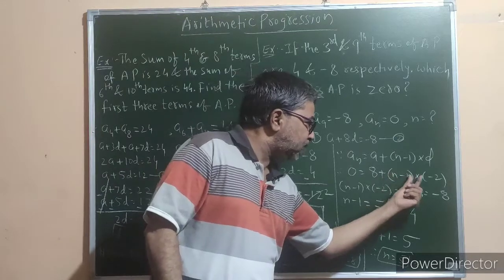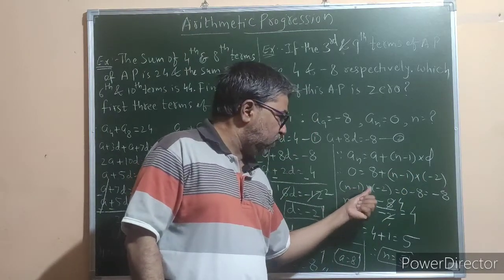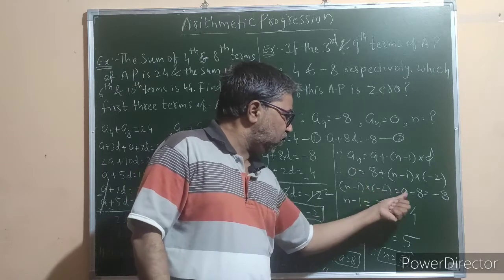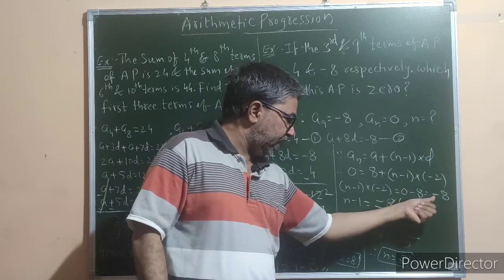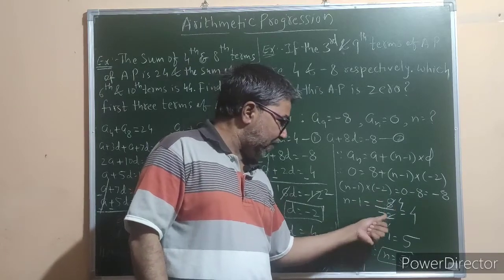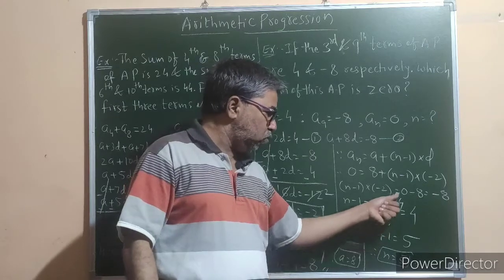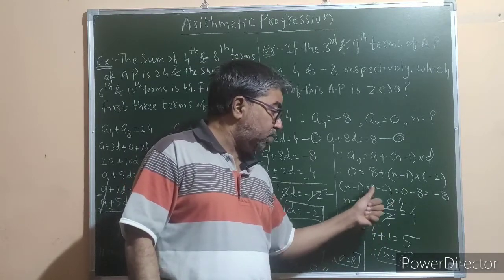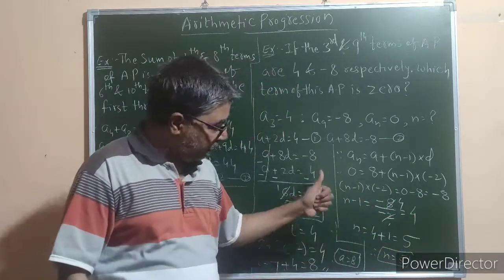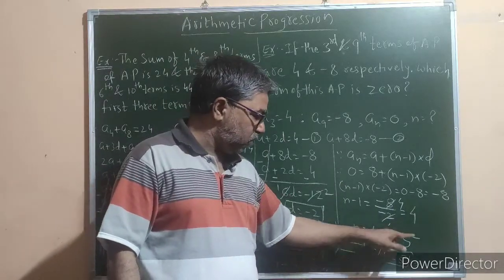Now n minus 1 into minus 2, you shift it to the left side, n minus 1 into minus 2 is equal to 0 minus 8, which is minus 8. Now n minus 1 is equal to minus 8 divided by minus 2, minus minus will become plus, 2 ones are 2, 2 twos are 4. So the value of n minus 1 is 4. If n minus 1 is equal to 4, then n is equal to 4 plus 1 is equal to 5.